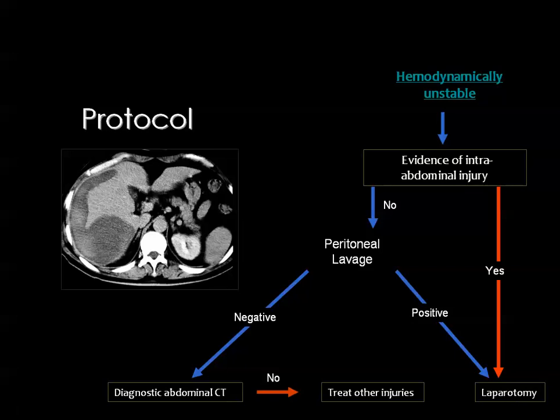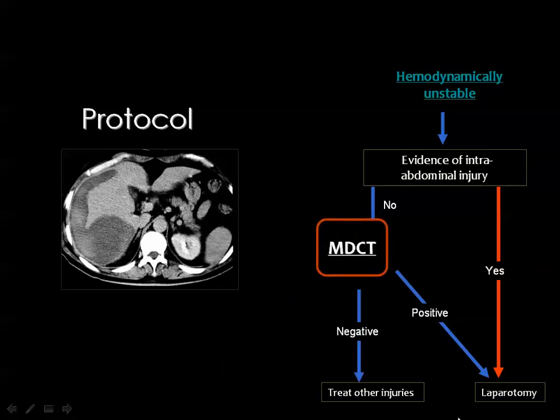And in the previous days, if there is no evidence of abdominal injury on clinical examination of a patient who is hemodynamically unstable, they usually go to the diagnostic peritoneal lavage. But nowadays, this step has been totally replaced by the imaging by multi-detector CT.